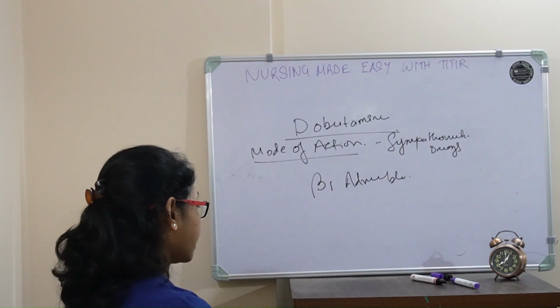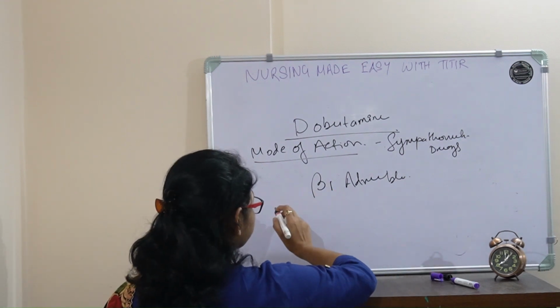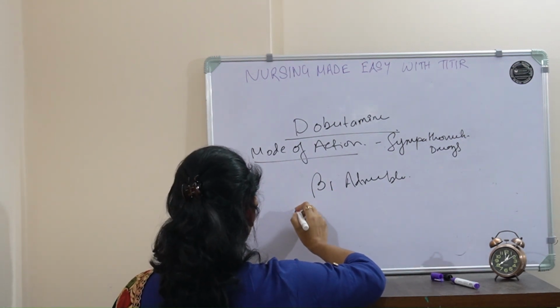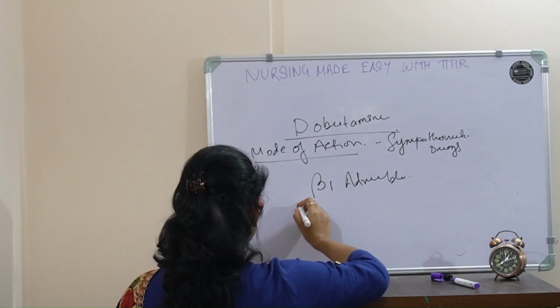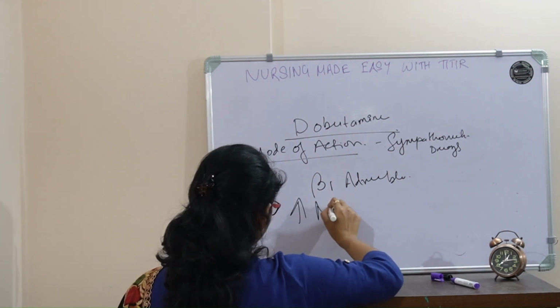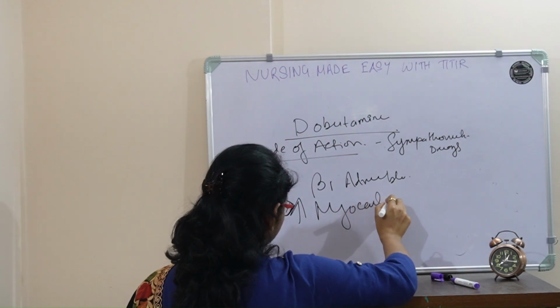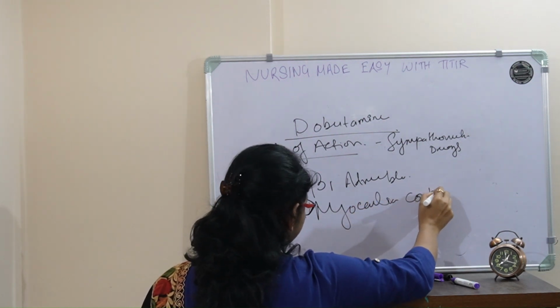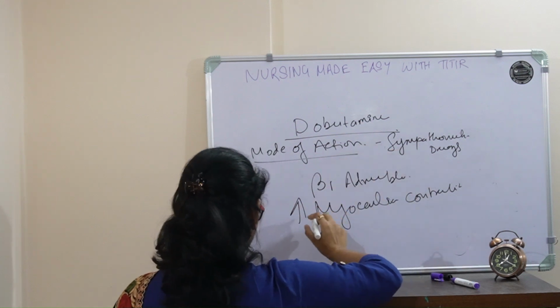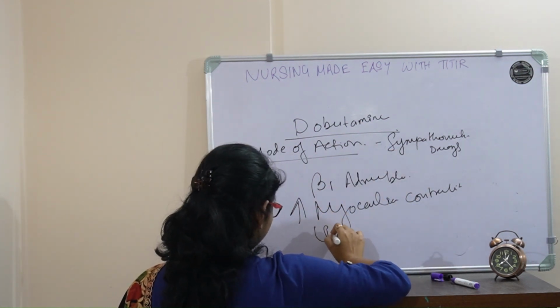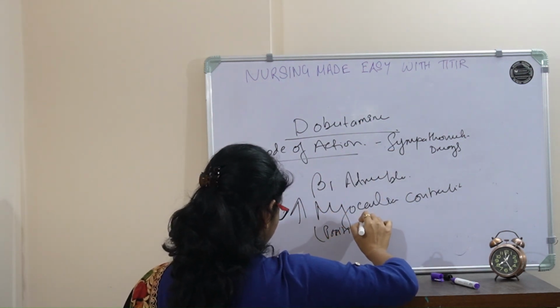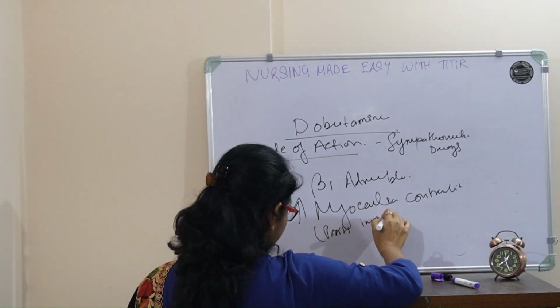So how does it act when the dobutamine infusion is started? At the beta 1 receptor, there will be an increase in myocardial contractility, so it is a positive inotropic agent.